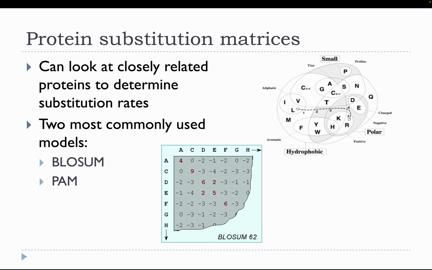These changes happen all the time in evolutionary terms, and similarly, if you've got alanine, which is a small amino acid, and glycine, which is even smaller, they turn into each other all the time. So in some cases, you've got positive scores to say, well, yeah, that's perfectly allowed. Other cases, it will be penalised.